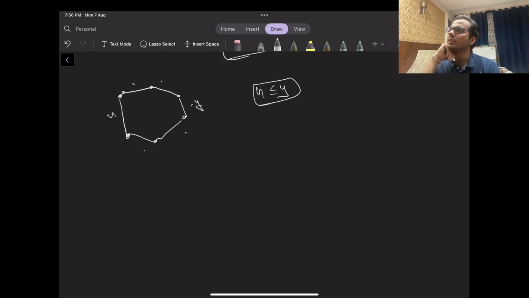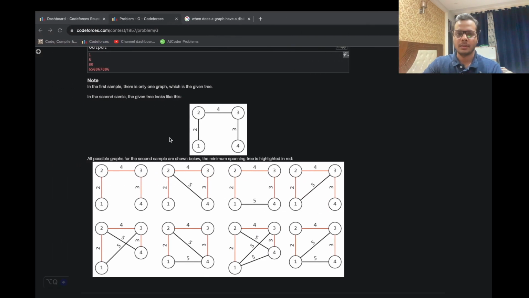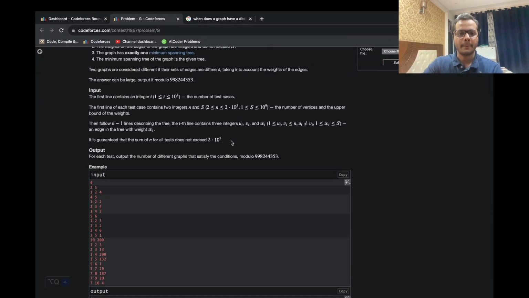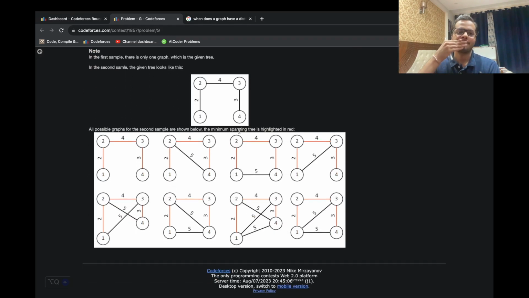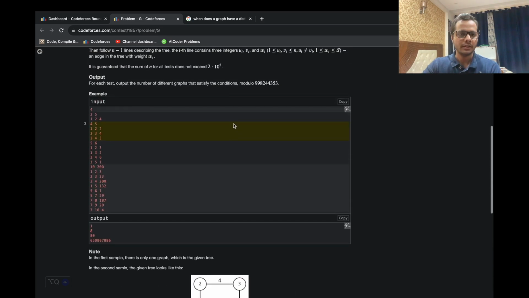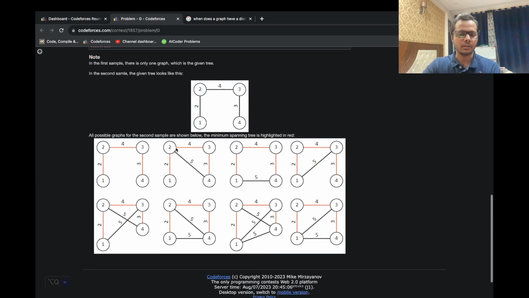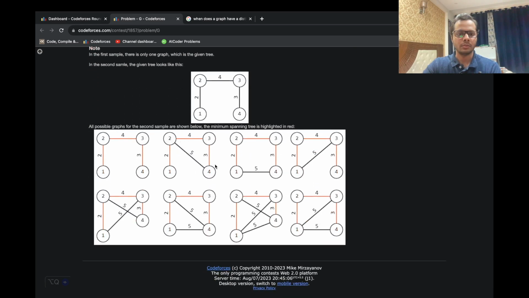I think this is the only property that any edge that we are adding should satisfy, according to me. So if we are adding an edge between 2 and 4, what is the value of s here? S is 5. Okay, so the edge weight should be greater than 4, right? Again, we can only add 5. Yeah.